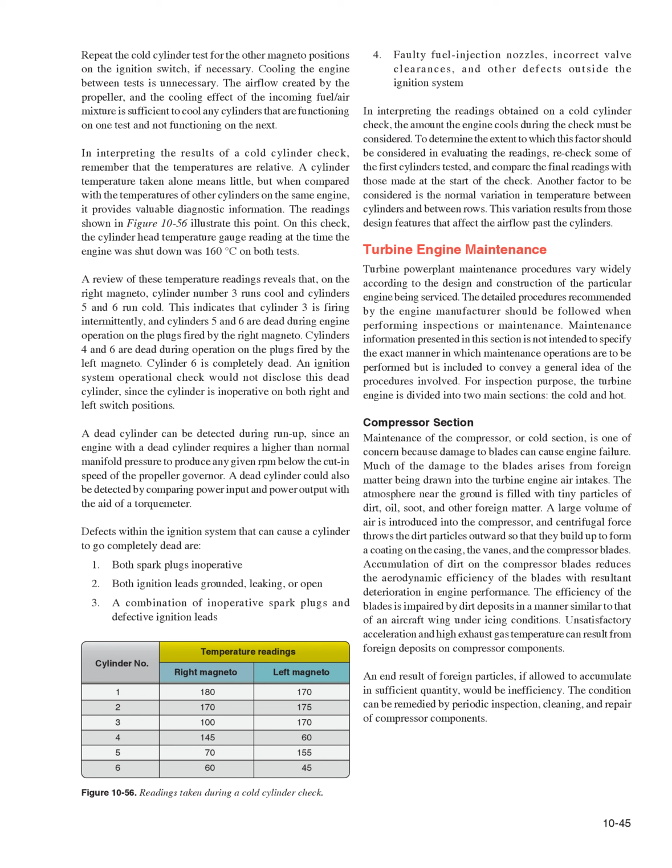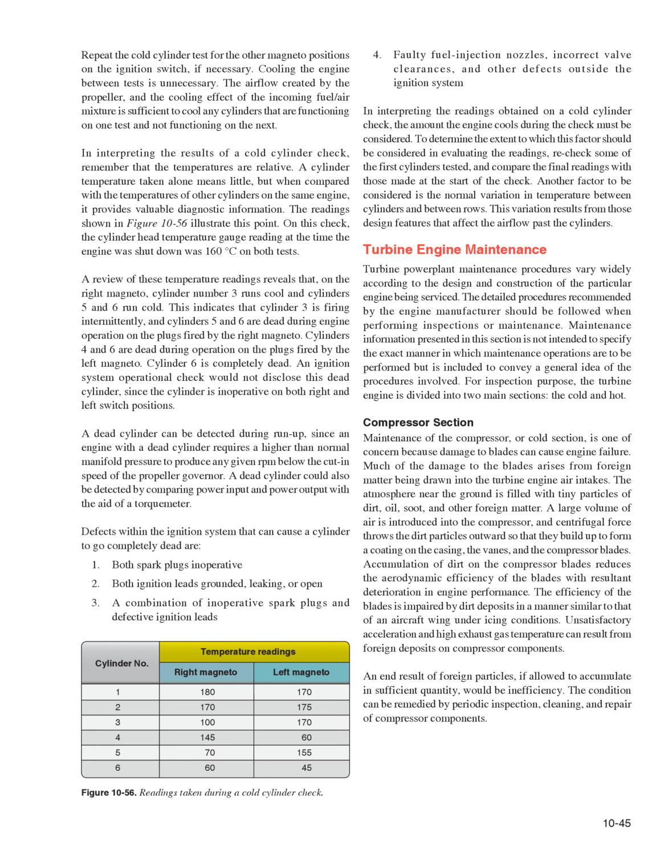An ignition system operational check would not disclose this dead cylinder, since the cylinder is inoperative on both right and left switch positions. A dead cylinder can be detected during run-up, since an engine with a dead cylinder requires a higher than normal manifold pressure to produce any given RPM below the cut-in speed of the propeller governor. A dead cylinder could also be detected by comparing power input and power output with the aid of a torque meter.